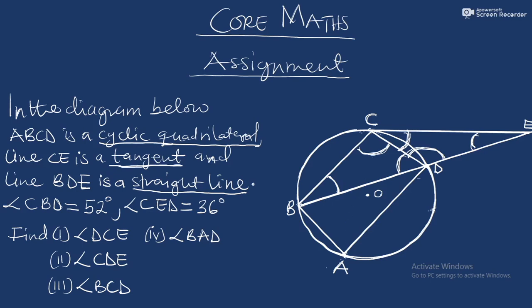Okay, so it means that in our case, if we add the angle here to the angle here, which we are to find, it should be equal to 180. So this angle plus this angle should be equal to 180 degrees.